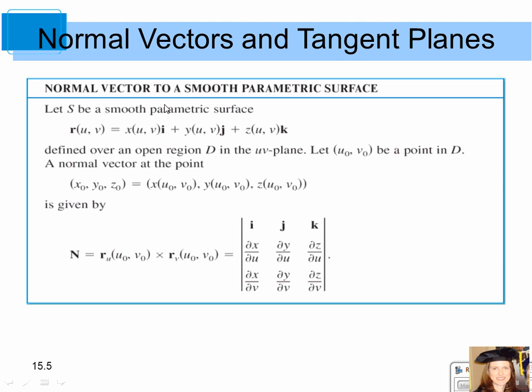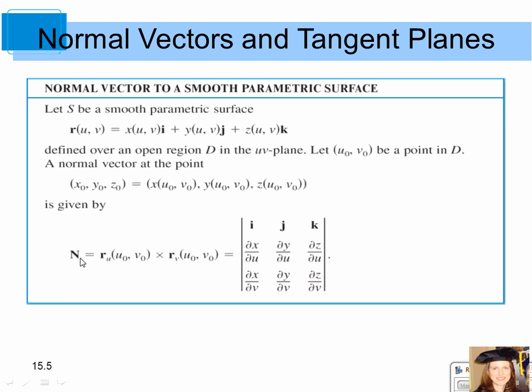So here again, we're looking at a normal vector to a smooth parametric surface. You have your parametric surface r in terms of u and v, and you're looking at a given point x sub 0, y sub 0, z sub 0. Then calculate the partial derivative with respect to u, cross product with the partial derivative with respect to v, evaluated at that point given in terms of u and v, and that vector is going to be normal.